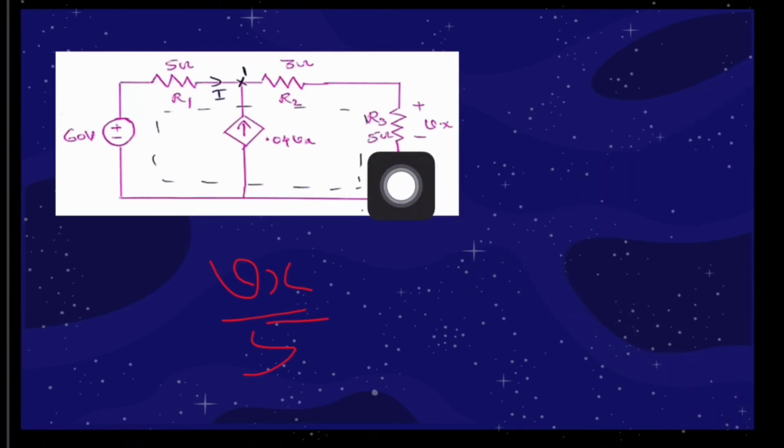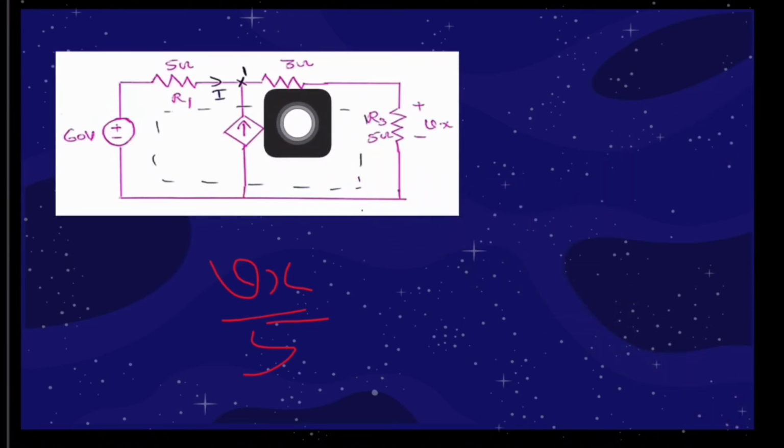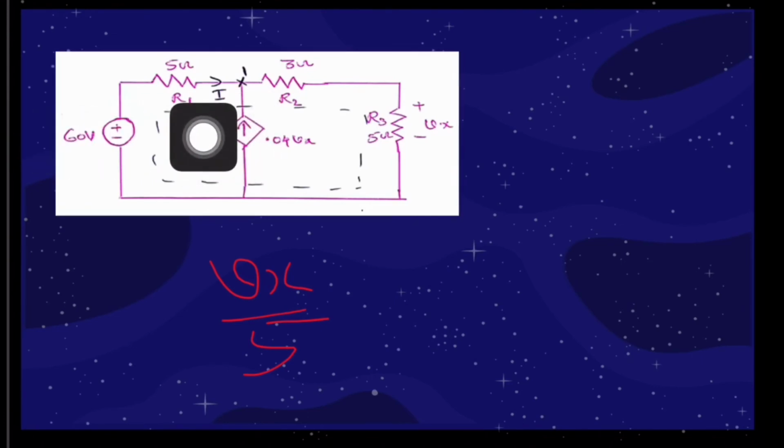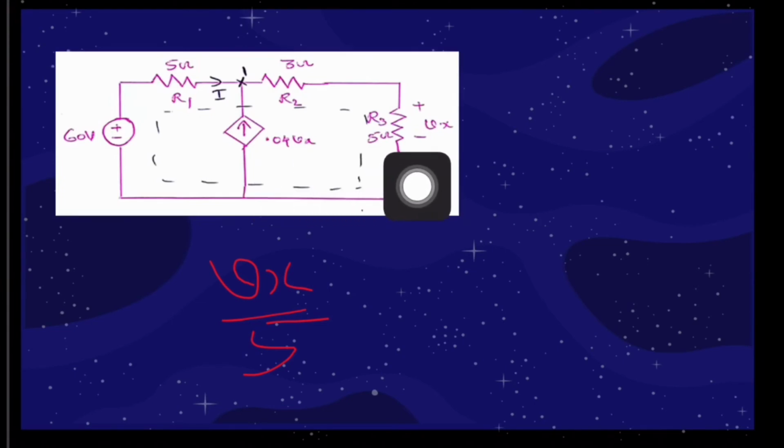You can see this 5 ohm and 3 ohm are series connected. As you know, the current through series connected elements is always the same. Hence, the same current Vx by 5 flows through this 3 ohm. Now we are going to write the KCL equation at this node. At this node, we have 2 incoming currents I and 0.04 Vx and 1 outgoing current.